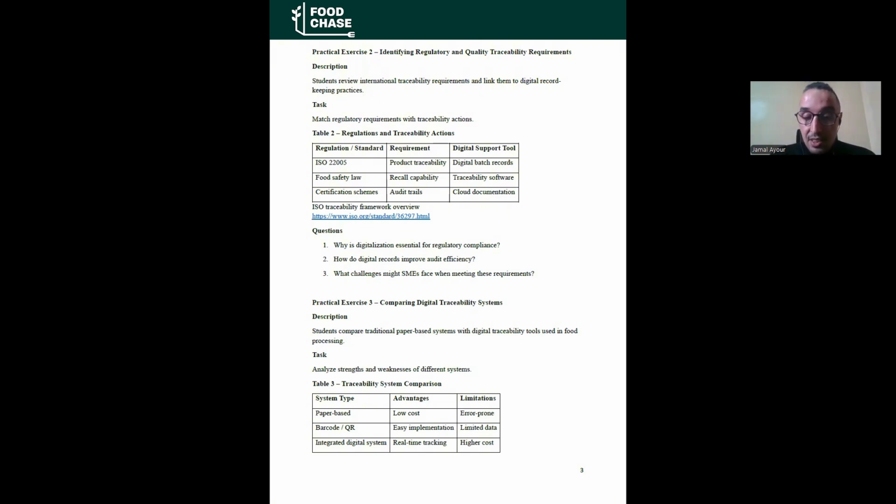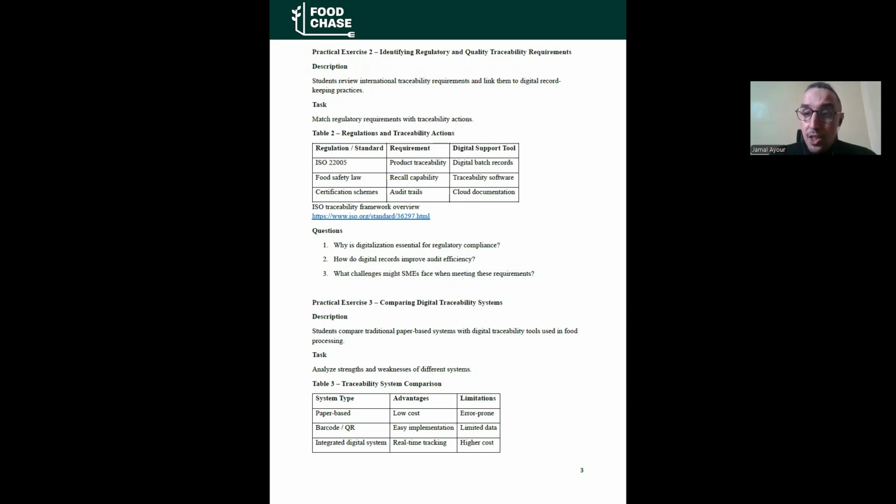Regarding paper-based, the classic system used in general for different industries, paper is low cost, but there are a lot of errors when using this type of system. But there are other new tools regarding barcode and QR code, with some limits in data, but easy to implement.